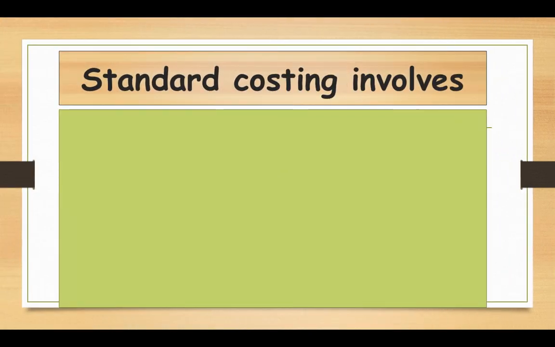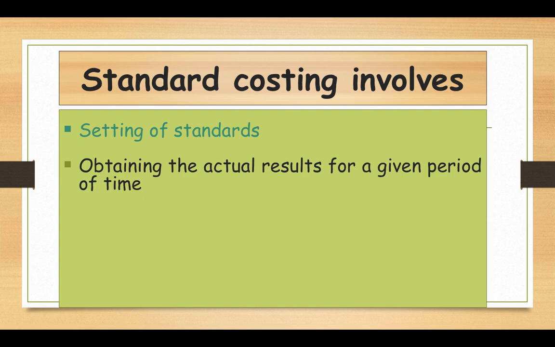Here we're going to see what we do in standard costing. First of all, we need to set the standards. Standards are set by the top management, usually with the participation of the managers involved. For example, the production budget is prepared with the participation of the production manager. Then the second stage, we obtain the actual results for a given period of time.